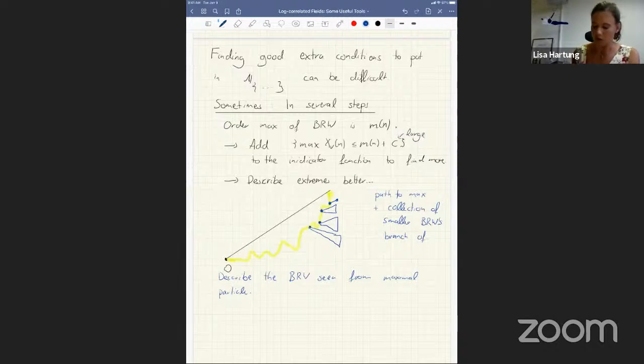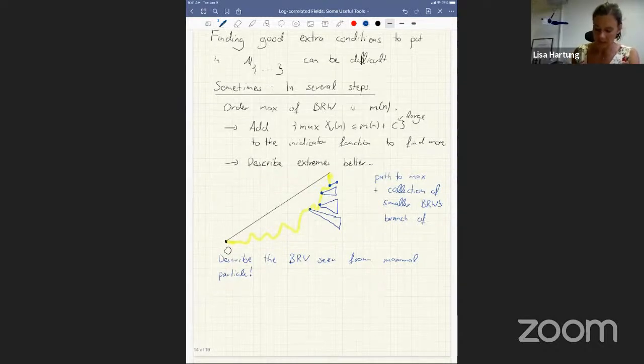And actually, what turns out to be useful is to say, well, now the maximum of these attached branching random walks, I know something about it. Of course, if I've drawn this picture already seen from the maximum, I know that they are not going to go above this maximal value.